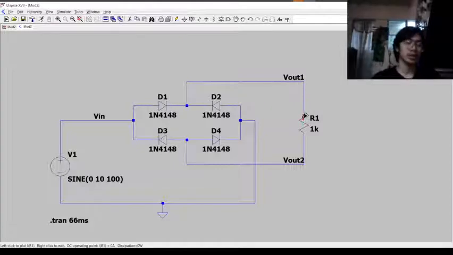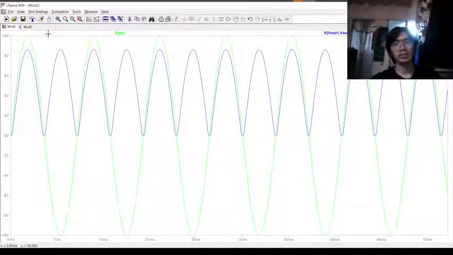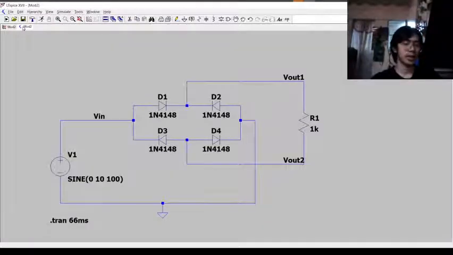It is the same as the flow from the negative cycle, which is also to the top side of R1. And that explains the pulsating voltage output on the positive cycle, because both cycles flow on one side of the resistor load. So after it flows to R1, goes down, it goes right here again.